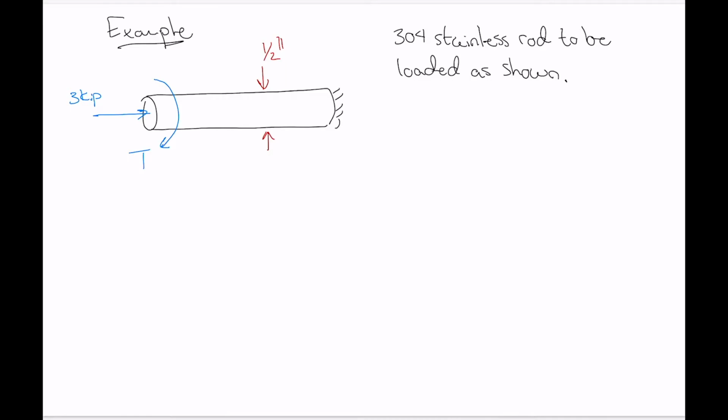And what we want to do is, using the absolute maximum shear stress theory, we want to find out what the maximum allowable value of the applied torque T can be for a safety factor of 1.4.